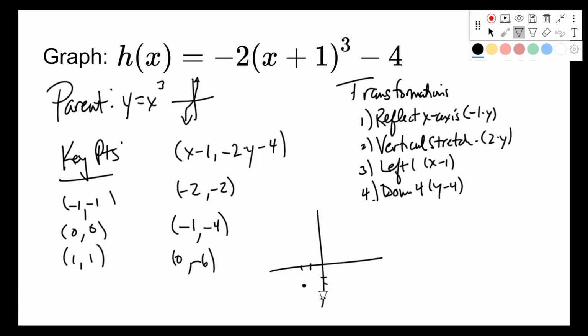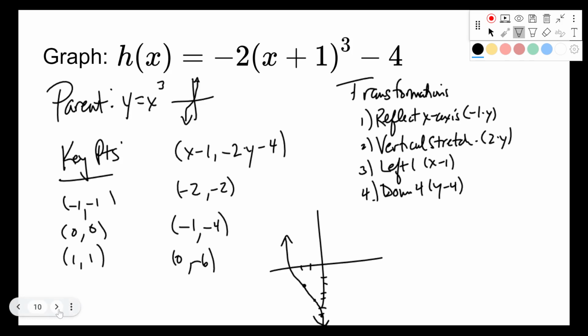Left 1 down 4. 0, -6. And my graph looks something like that. Okay, there's my graph. Similar to that x cubed graph, but it's been flipped over the x-axis. You can think about it like that. That'll help you to see where it's coming from.